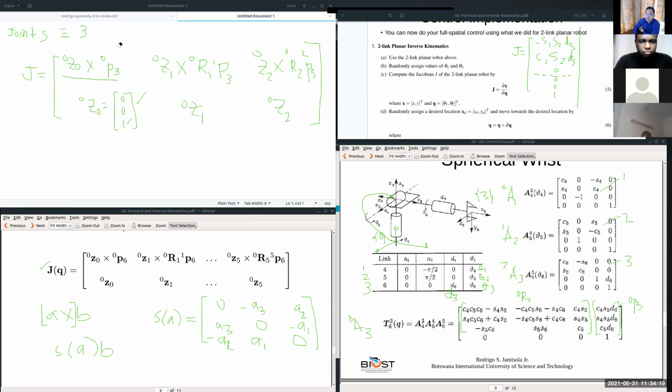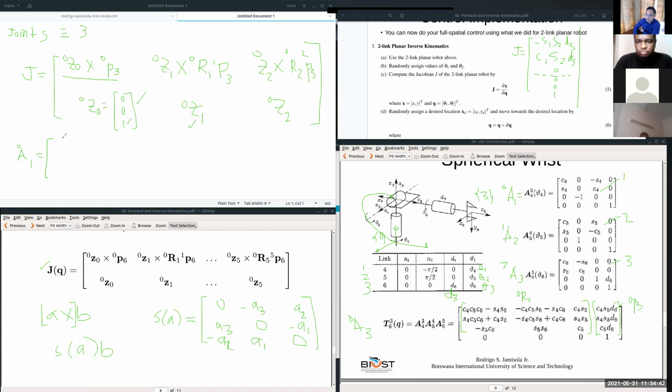So we are done with the first column. Now we want to do the second column. So first, let's do the easy thing, 0Z1. So what is 0Z1? Again, we write down 0A1, and then we extract this one.